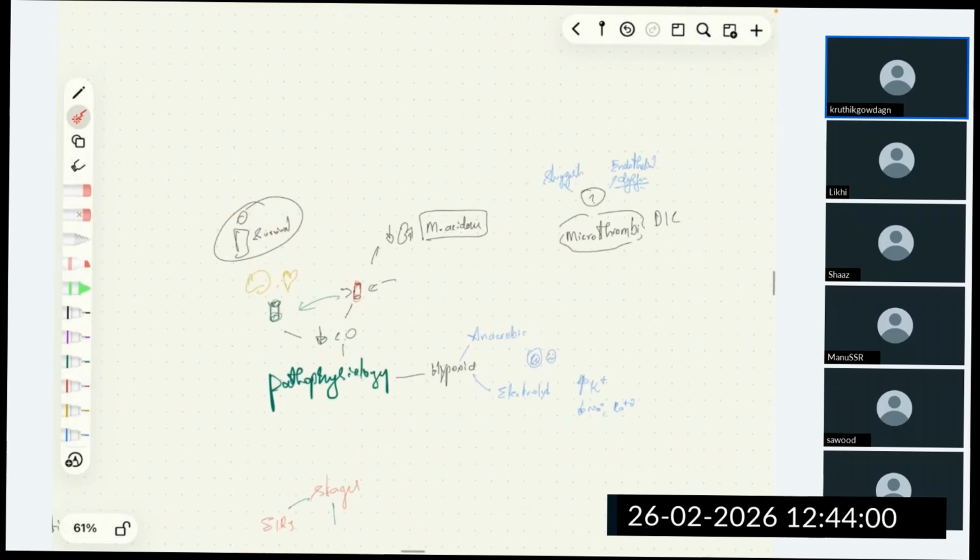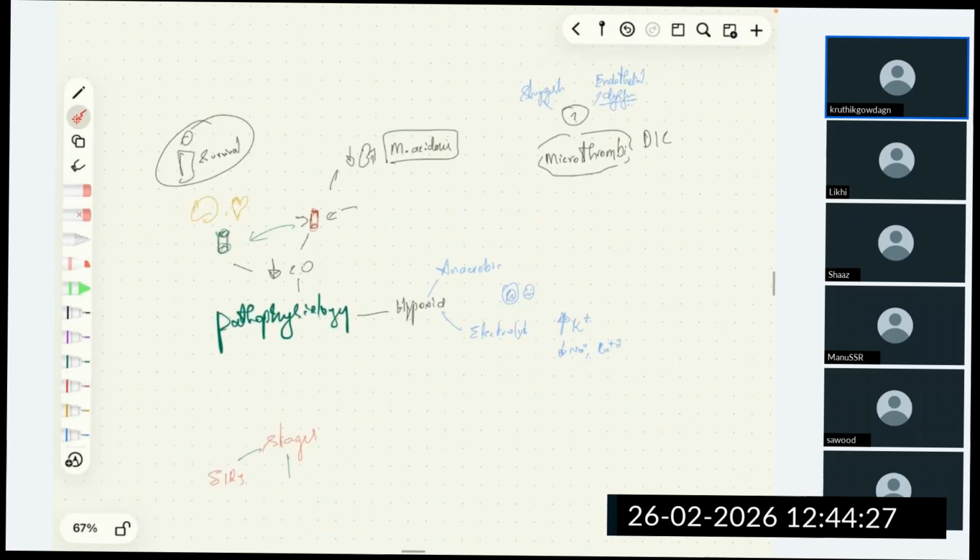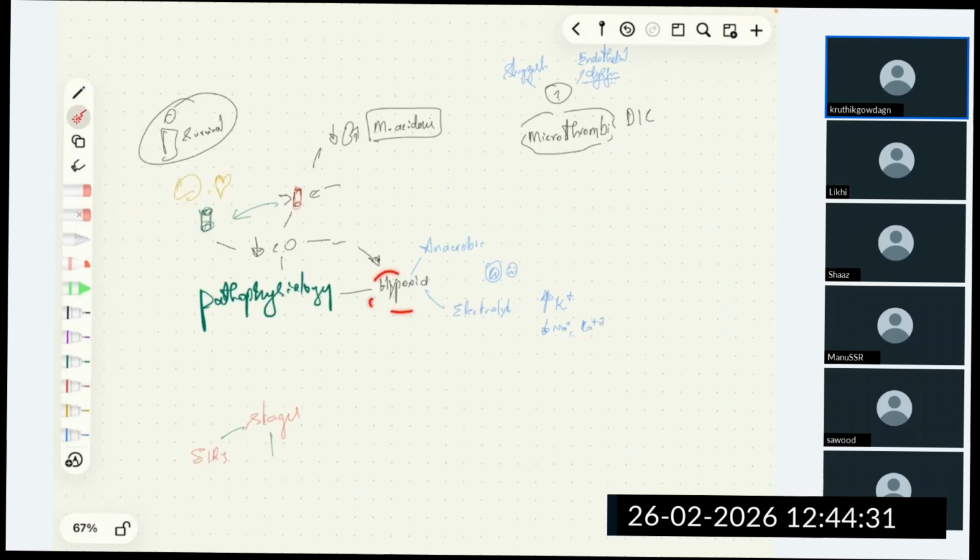So when there is reduced cardiac output leading on to splanchnic vasoconstriction and vasoconstriction at the level of kidney, there is reduced renal blood supply. Reduced renal blood supply may lead on to acute renal failure, which may lead on to metabolic acidosis. This is about reduced cardiac output leading on to vasoconstriction and renal failure. If there is reduced cardiac output, there will be hypoxia at the tissue level.